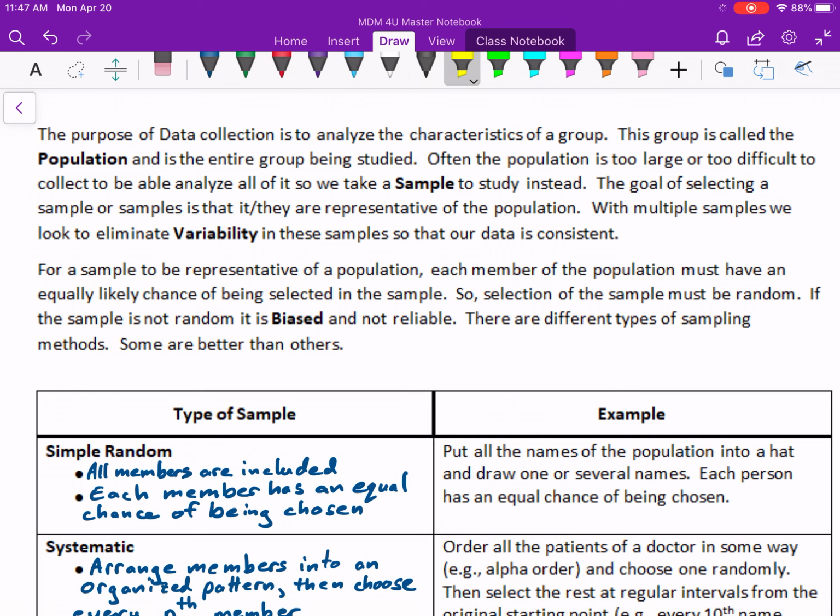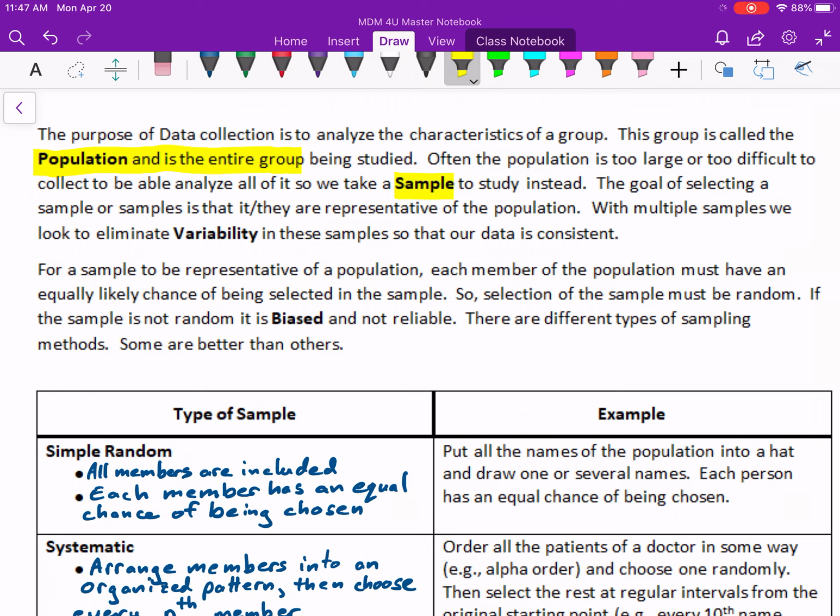So if we're going to learn things about the world, we have to think a bit about where we're getting our information from. Are we getting it from the population, which means that we are actually looking at every single thing within the group, the entire group? Or are we looking at a sample, which is a subset of the population?